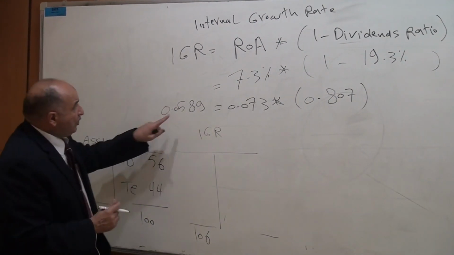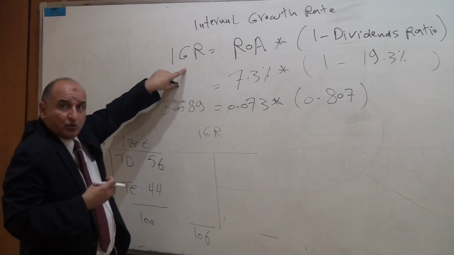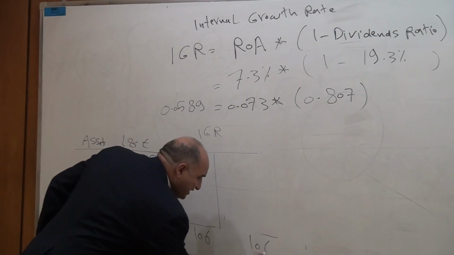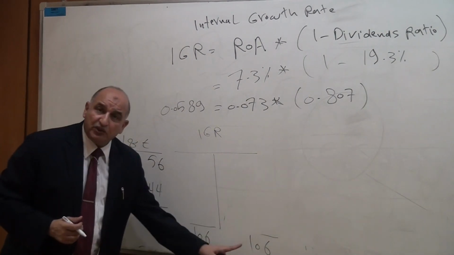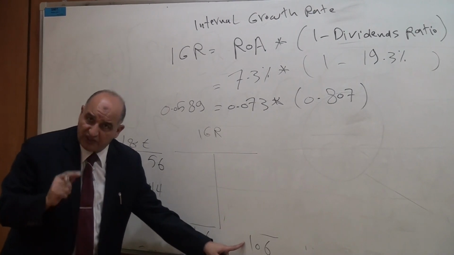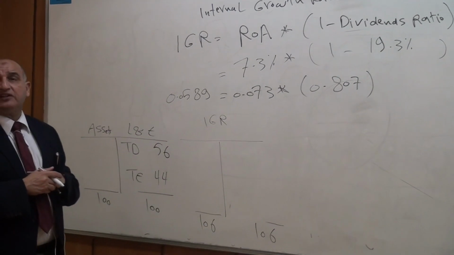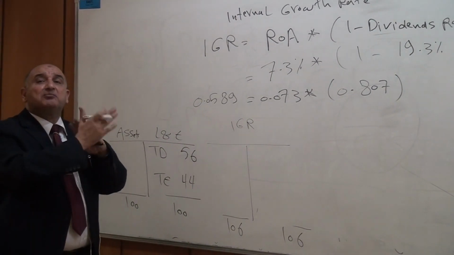Because from the internal growth rate, we know that we will grow by 6%. So our liabilities and equity also will be 106. But by the definition of internal growth rate, we will not use any external money.